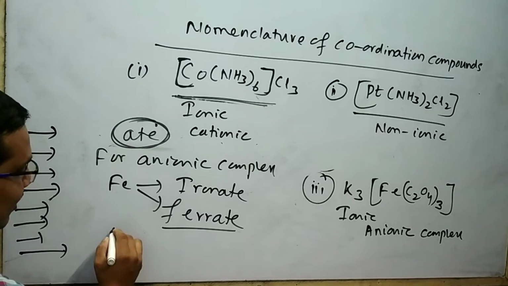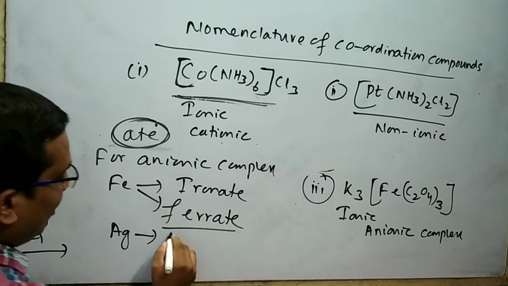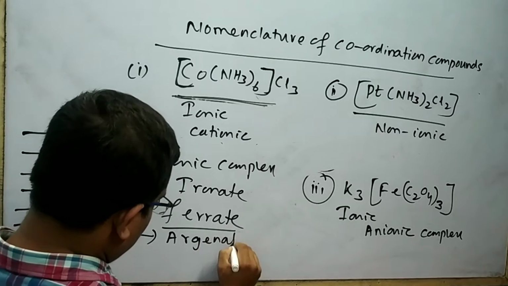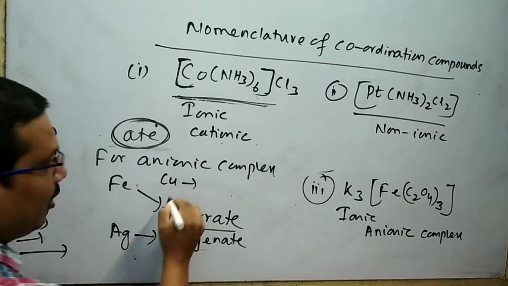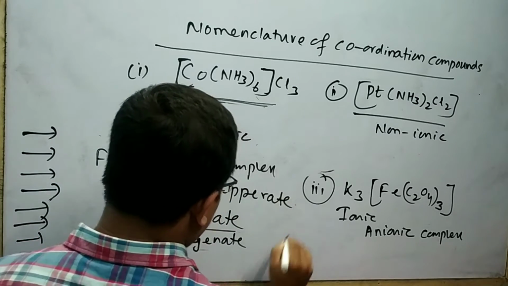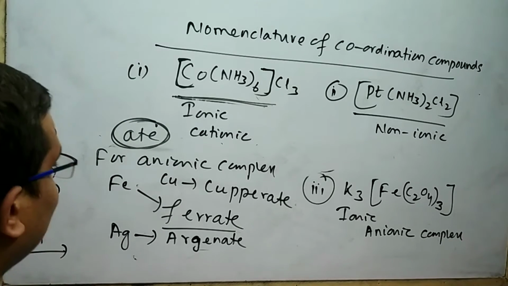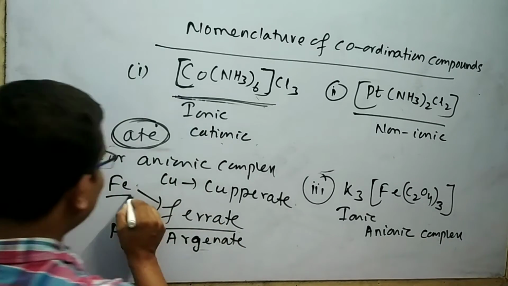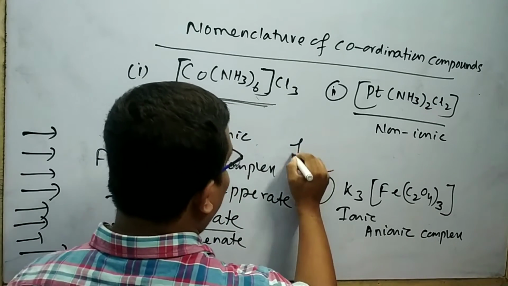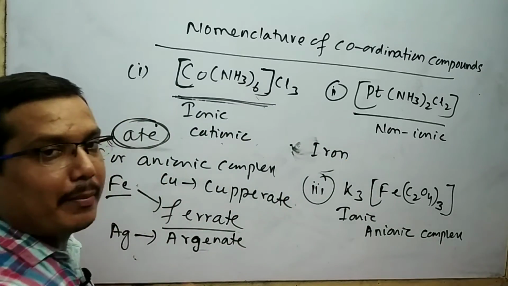Similarly, if silver is present in an anionic complex, then it is bound to write argentate. Similarly, for copper, we can write cuprate. For tin, we can write stannate, like this. But remember, if the iron is present in a cationic complex, then simply I can write iron. I cannot write ferrum.